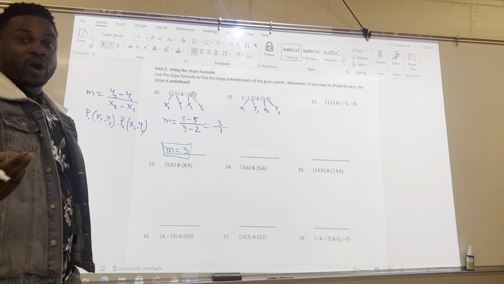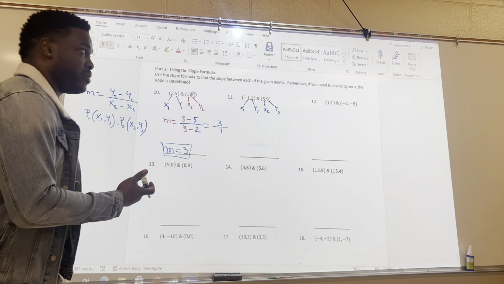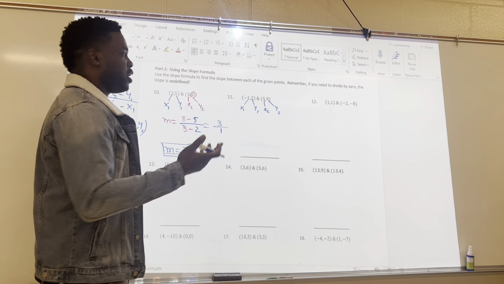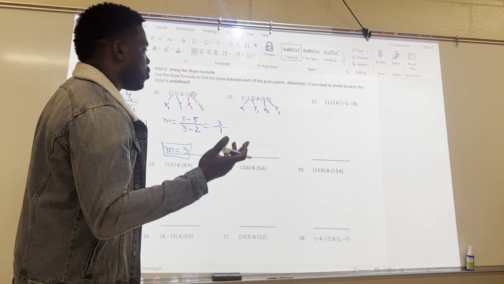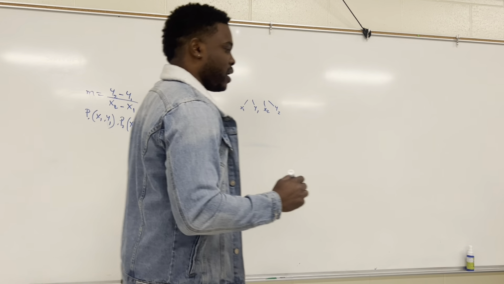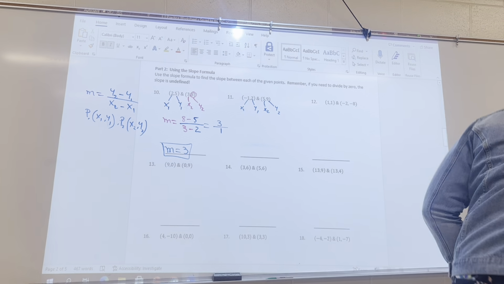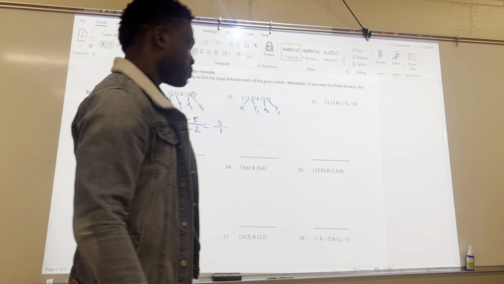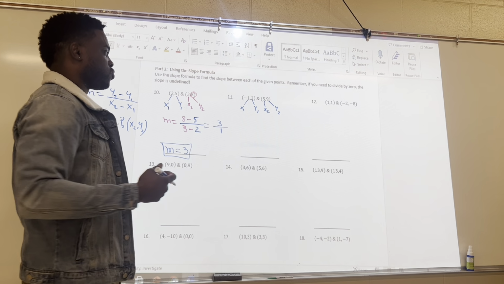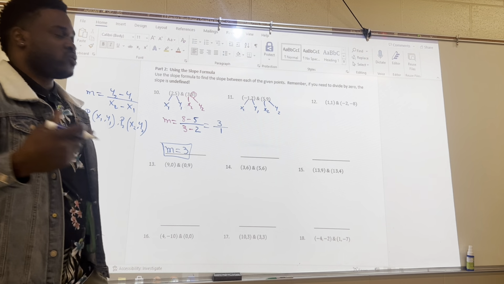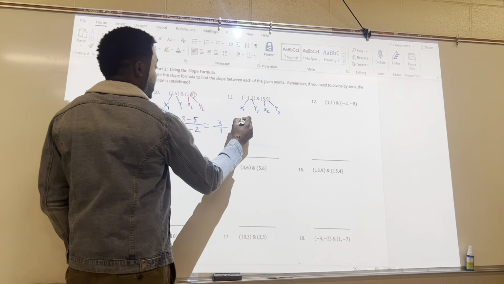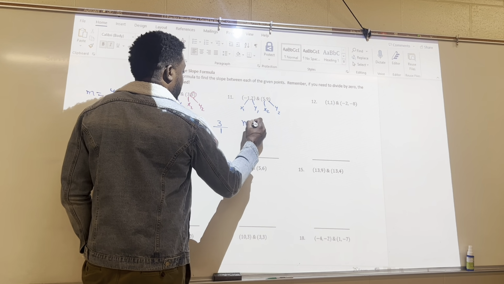Since I already identified my x1 and x2, my y1 and y2, I can go ahead and write down the formula and apply it to find the slope.